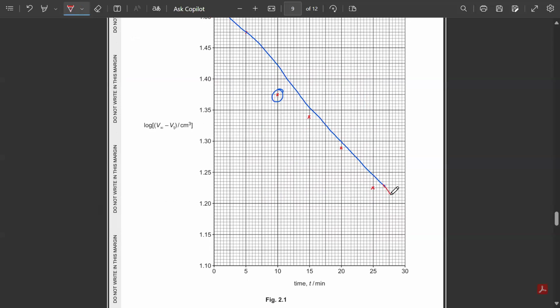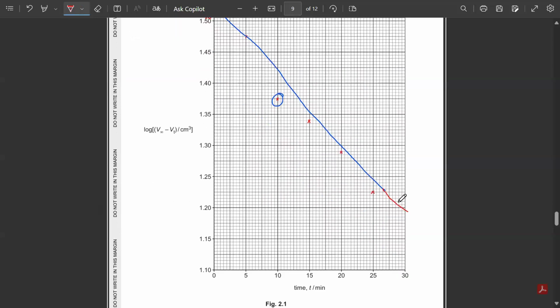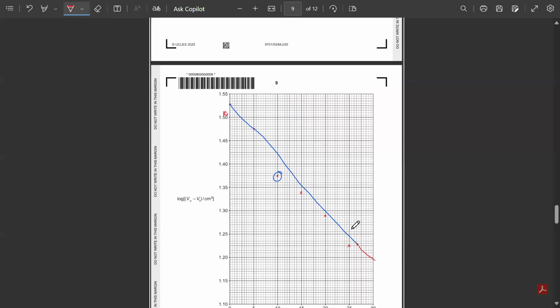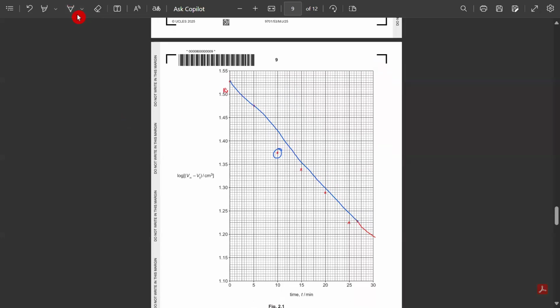If this is the intercept on the y-axis, we have to use the same intercept point, and it will be more steep like this. It's a more negative gradient with the same intercept.